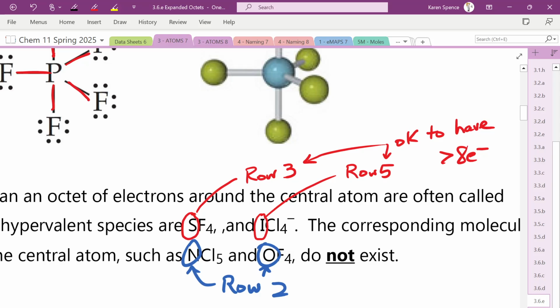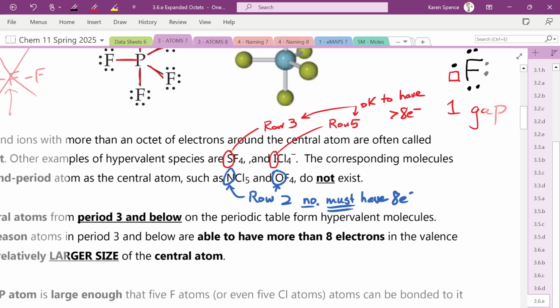Are those okay to have more than 8 electrons? Okay, so we can't do that.